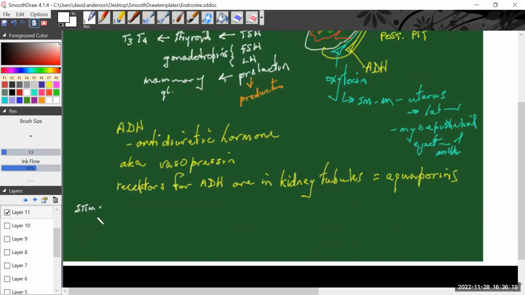So the stimulus is low blood pressure, which means osmoreceptors get excited, and that stimulates the production of ADH in the hypothalamus.